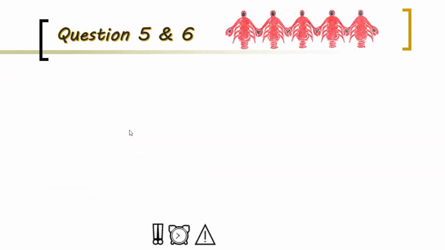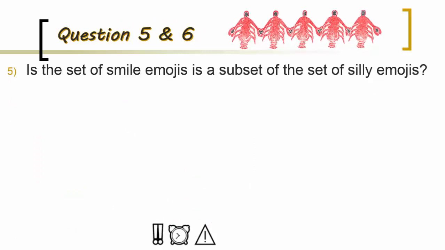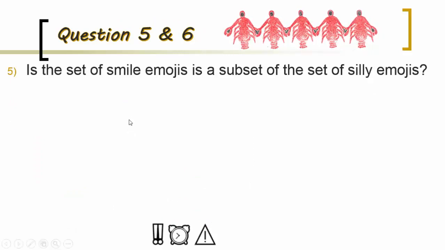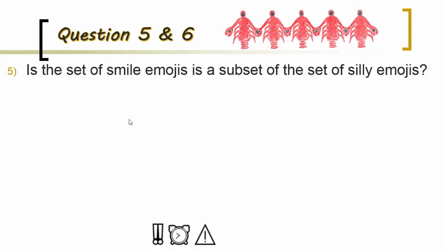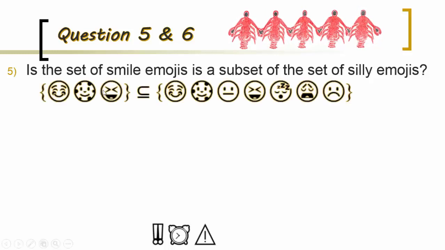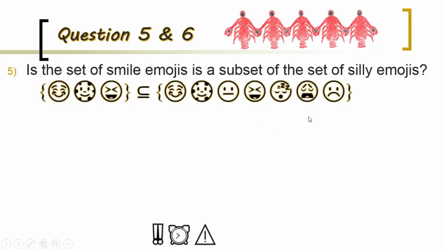So for example, in number 5, this is the set of smiley emojis. Is it a subset of the set of silly emojis? So let's look at these emojis. Here are the smiley emojis, and here are the silly emojis.